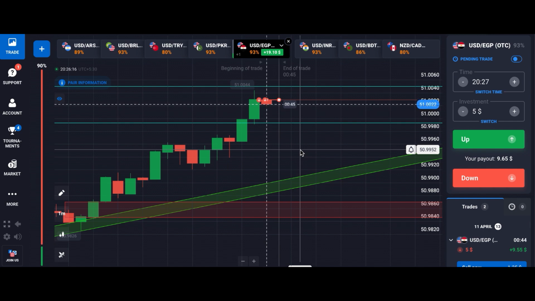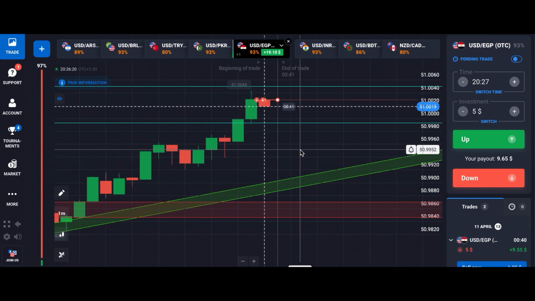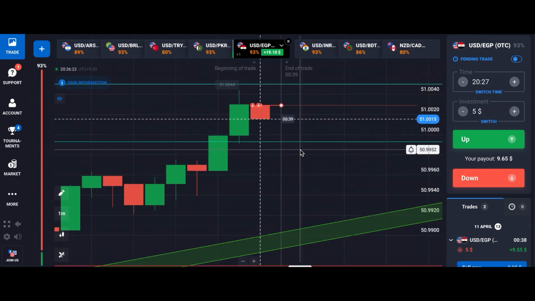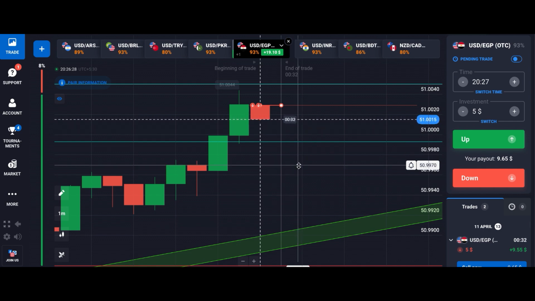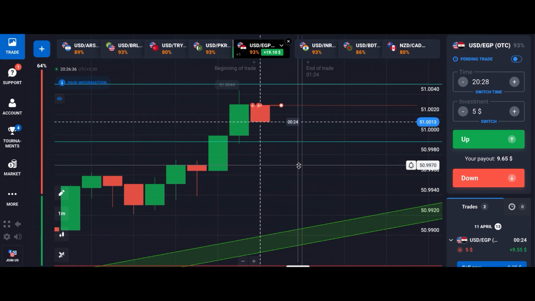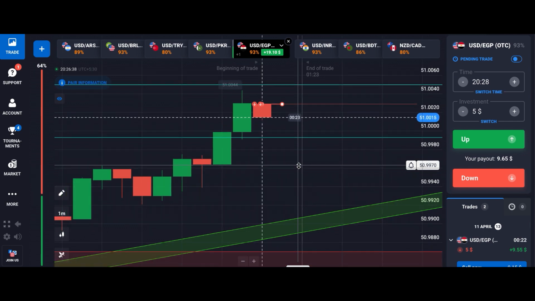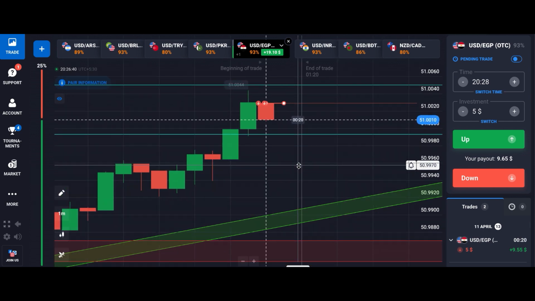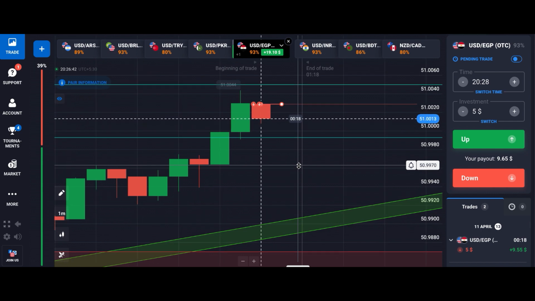This candle must be 100% a red one. Okay, so the last 30 seconds are remaining and still the candle is red, and I'm sure this should close in a red one because this is a sure shot strategy which I'm using to take the trades.